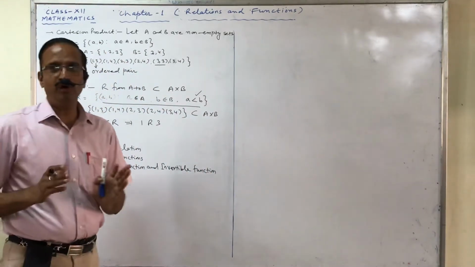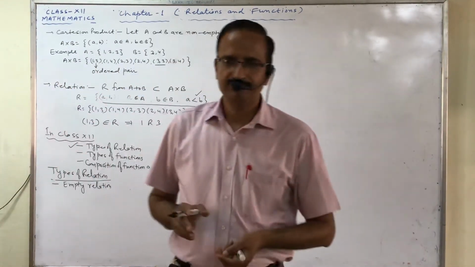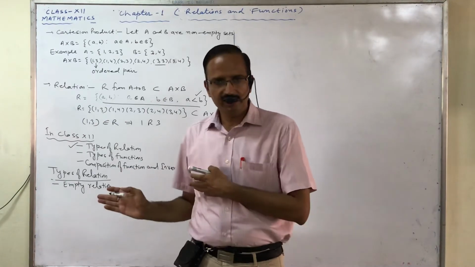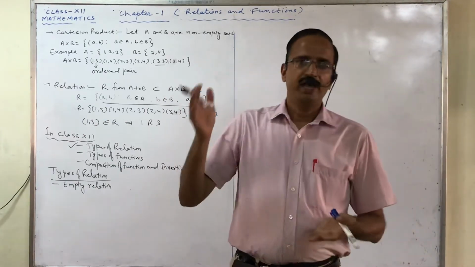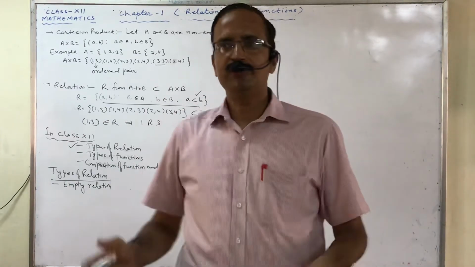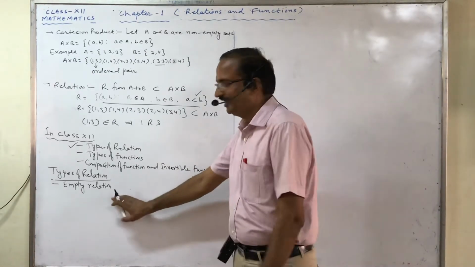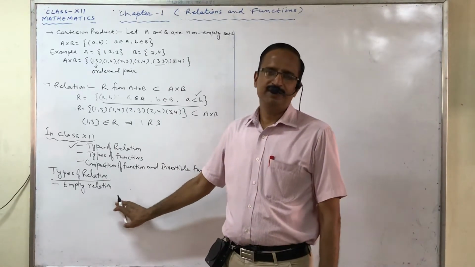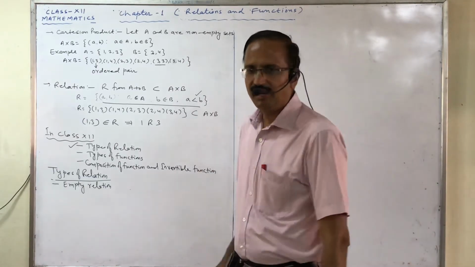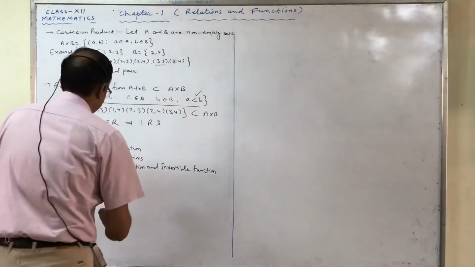When no element of set A is related to any element of set A, then this relation is said to be an empty relation. Okay, I am taking one example.